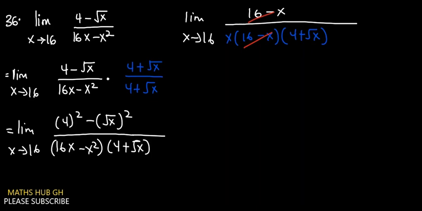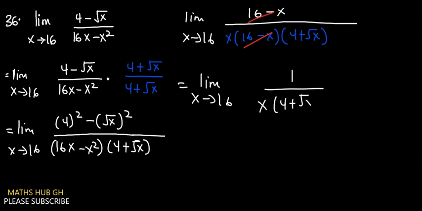So now we are going to have the limit as x approaches 16 of 1 over x bracket open 4 plus the square root of x. Let's do the direct substitution again and see what you are going to have. You're going to have 1 over 16 multiplying 4 plus the square root of 16.